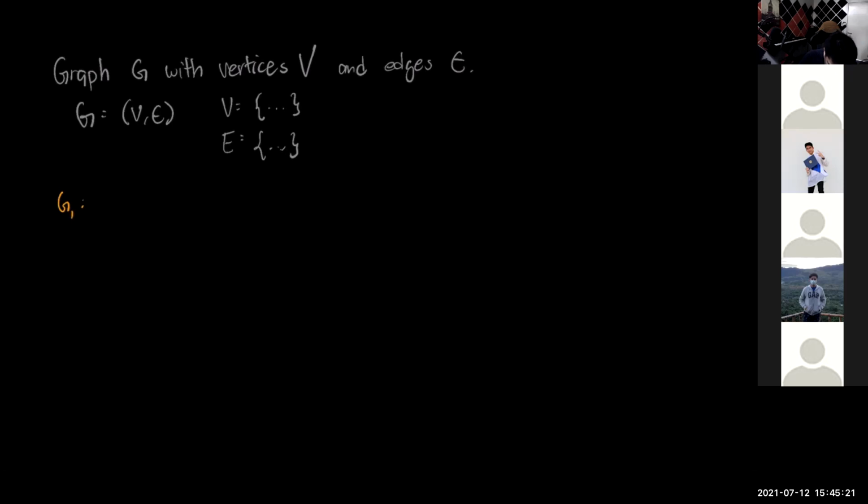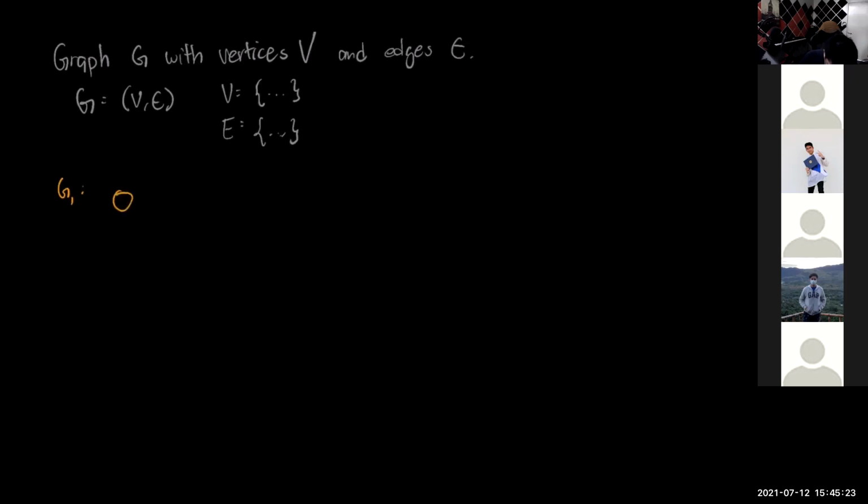And then let's have here a node A, a node B, a node C, node D, and a node E. Okay, so this is a directed graph.